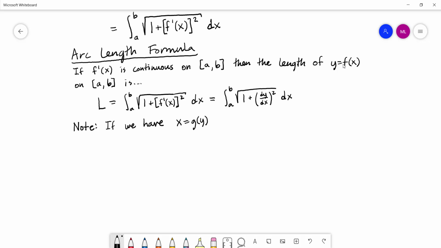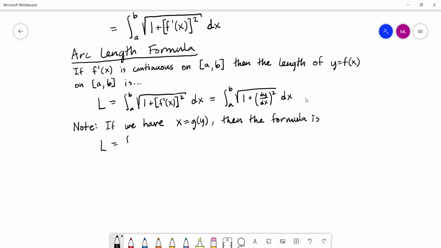We've seen scenarios where integrating with respect to y in some cases is more convenient than integrating with respect to x in certain situations. So this is kind of just one of those situations. If for some reason it is more convenient to write our function this way, then the formula, so it's essentially the same conditions hold, but the formula is going to be the following.